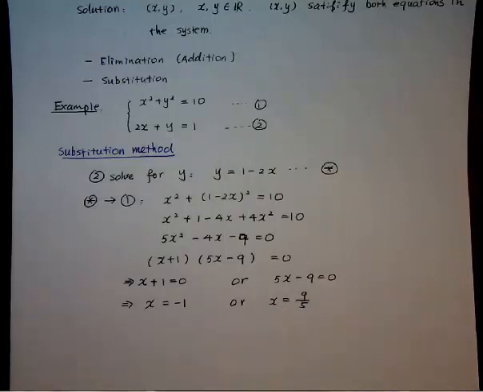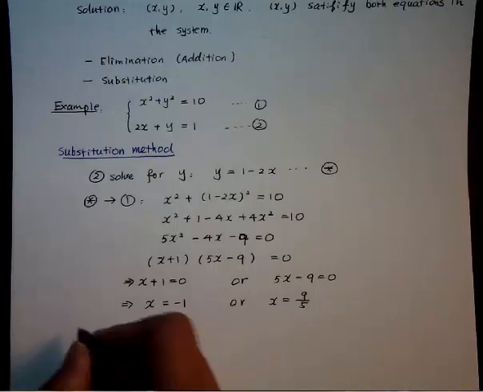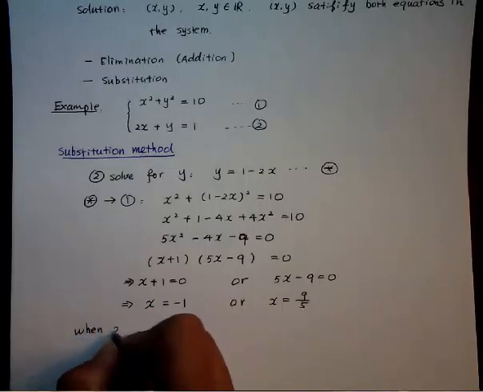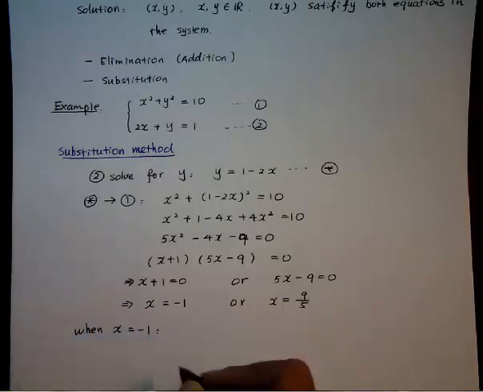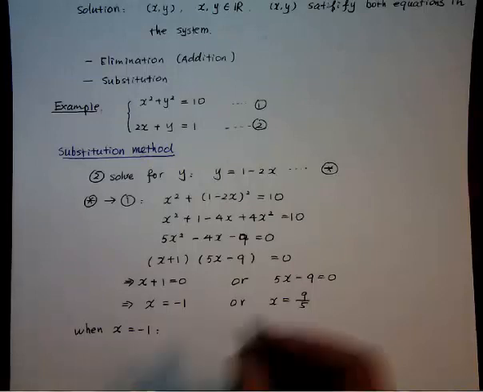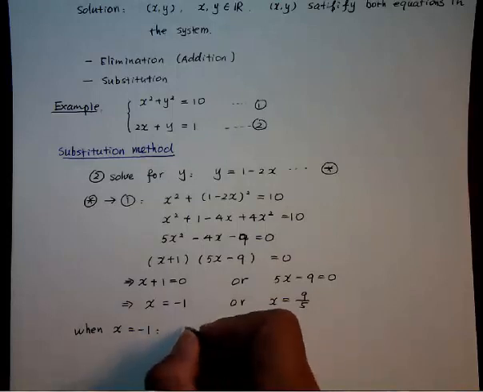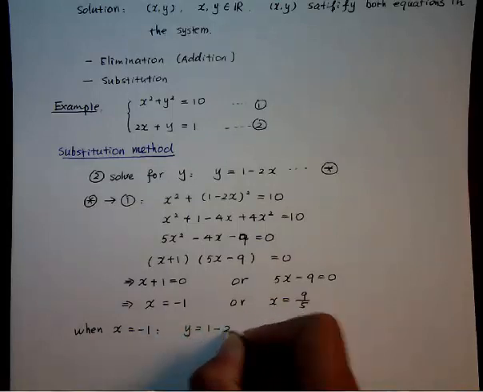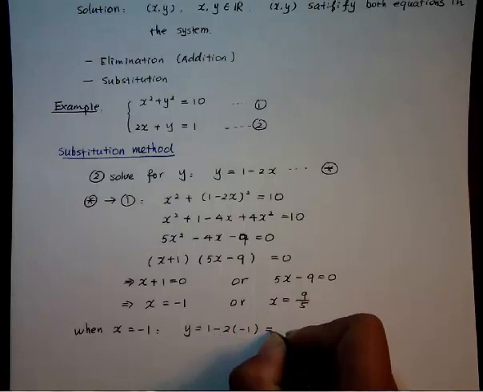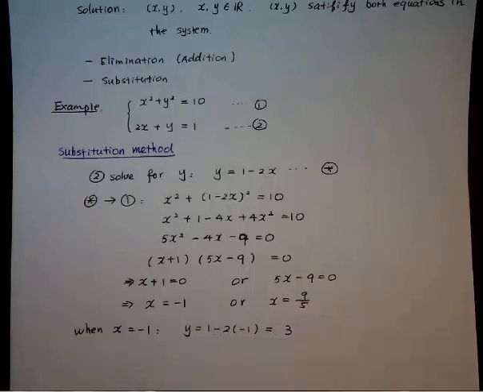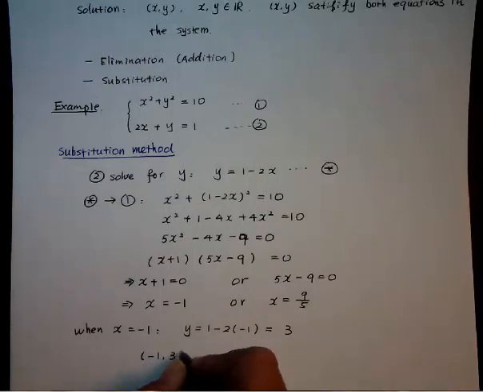For each x, we need to find the corresponding y. So when x equals -1, I go back to equation star to find what y is. y is equal to 1 minus 2 times -1, which is 3. Remember, the equation's solutions are ordered pairs, so the ordered pair we found is (-1, 3).